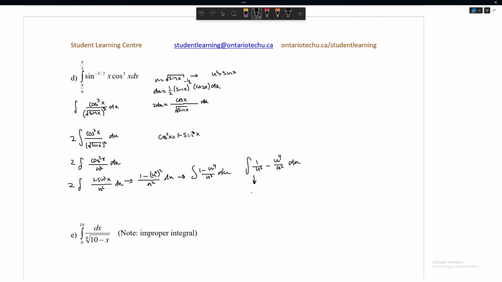My first integral will be, well, this is technically u to the negative 2, so it'll be negative 1 over u. That's my first integral. All right, minus. Now the integral of this, this will actually subtract, so I'll just get u squared, and then integrating u squared is u to the 3 over 3. Right?